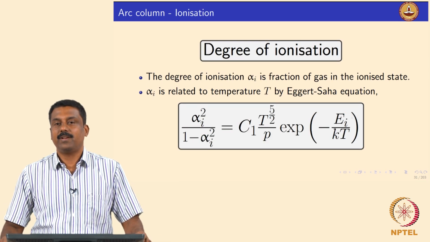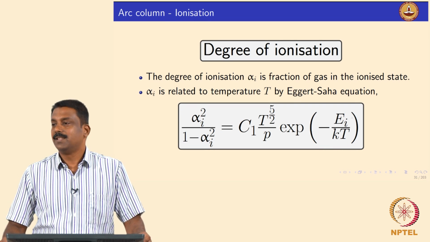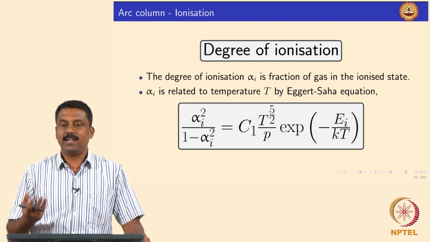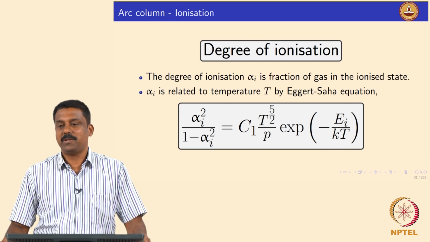So, the degree of ionization. Suppose you want to calculate how much ion you generate at a given temperature, you can use this equation. It is a very famous equation.